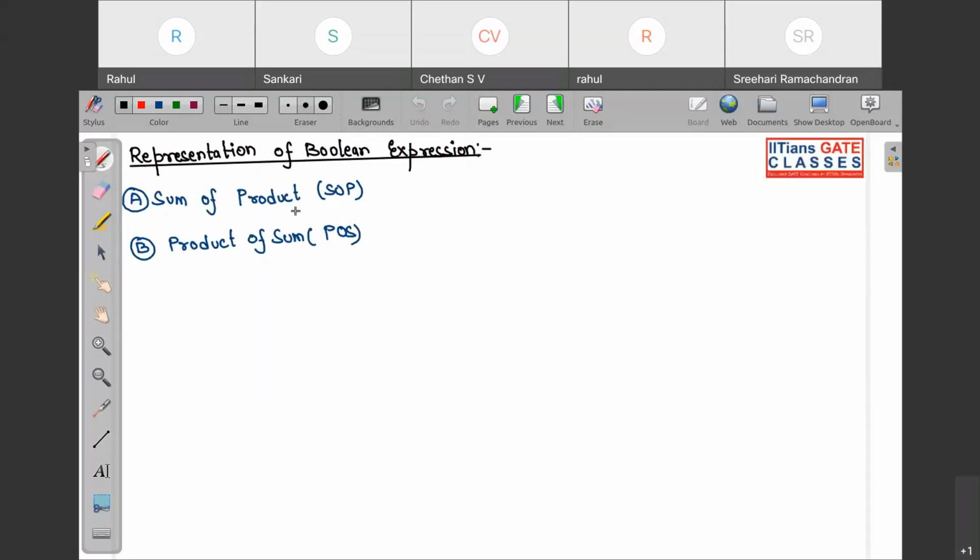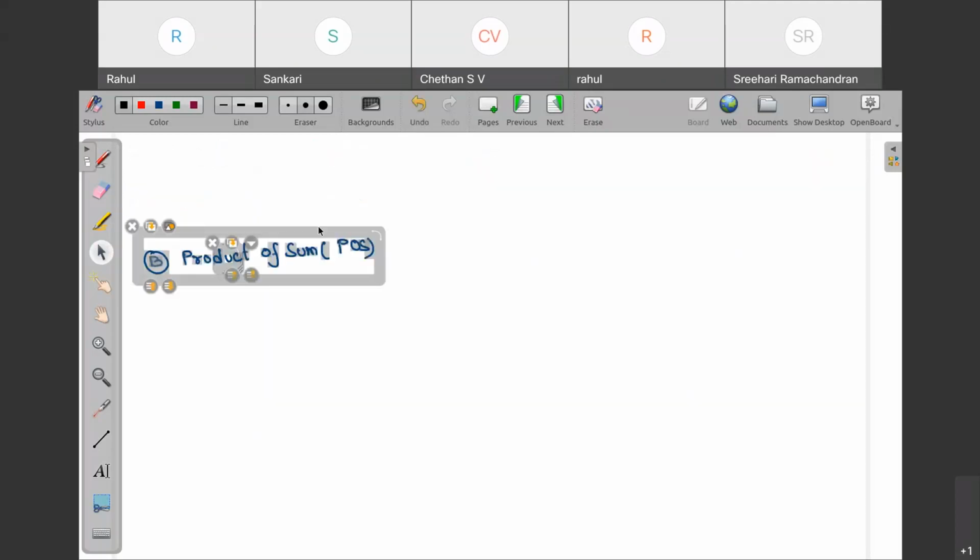Now we have the representation of Boolean expressions. The first kind of representation is sum of product representation. What do we mean by this? Look very carefully.